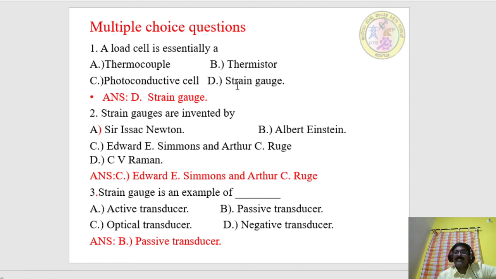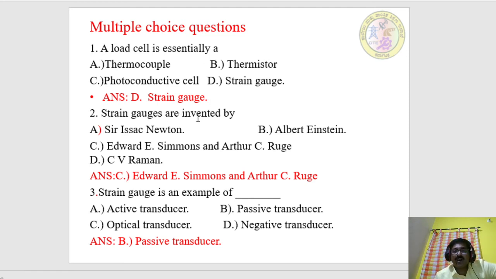Load cell. As you well know about a strain gauge, if we need to get a deformation, then definitely we need to apply a load onto the component. Then the answer is strain gauge. A load cell is essentially a strain gauge.